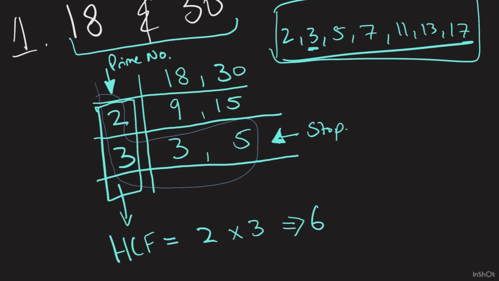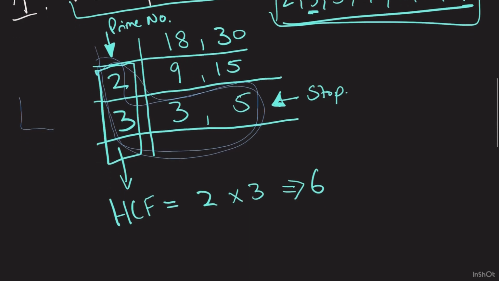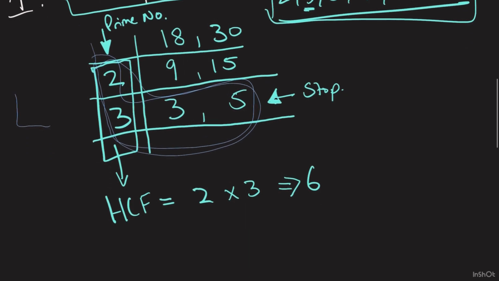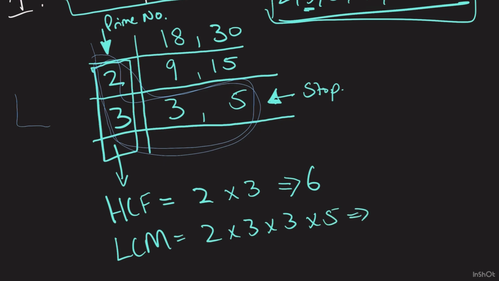It makes an L sort of shape. All these numbers make up the lowest common multiple. So LCM is 2 times 3 times 3 times 5. You just put those numbers in a calculator, which gets us 90. So the highest common factor here is 6, and the lowest common multiple is 90.